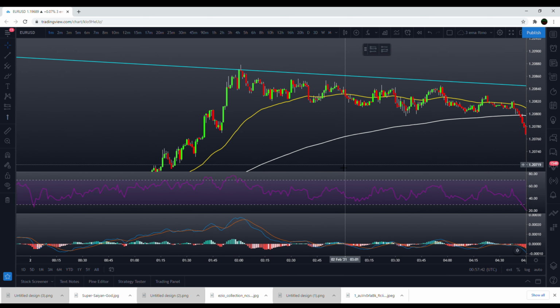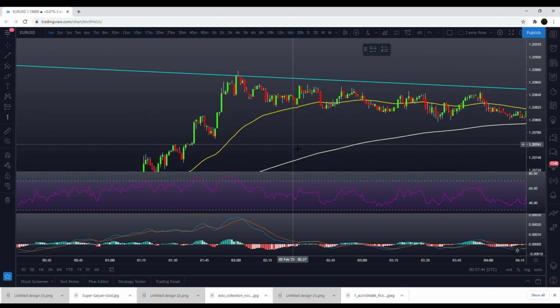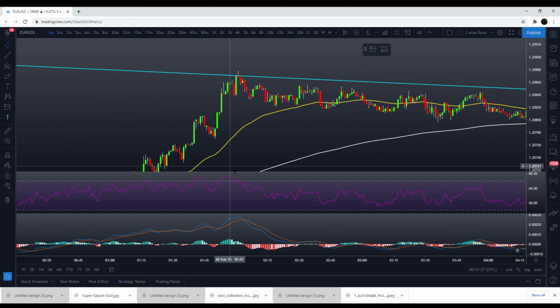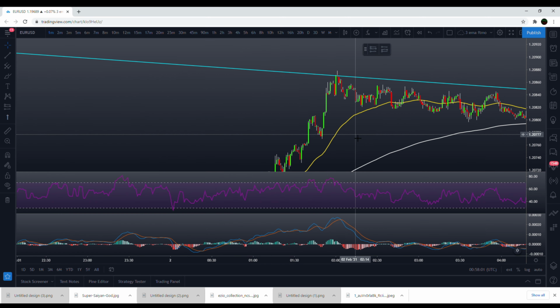Now this is where we start to see the regular bearish divergence. Let's take a look at the RSI here. You can see that our peak is right here, and then this peak right here is much lower, but we get a higher high in price, and that's actually at the exact top.